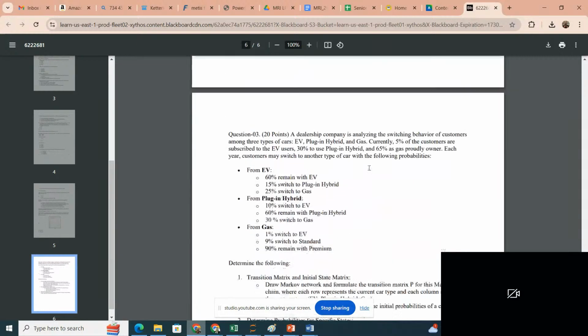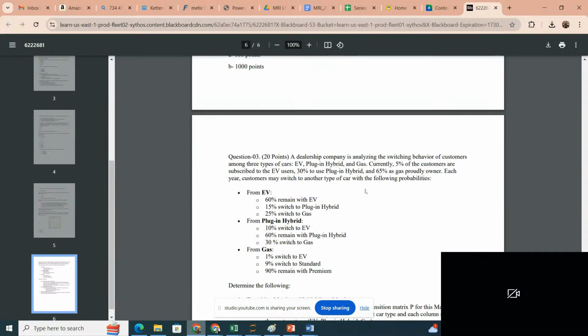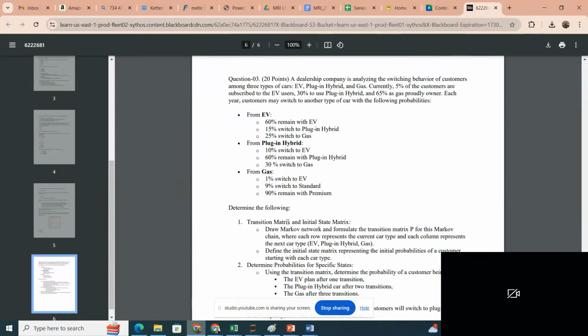Now the last question is another essay, but this time for Markovian analysis. So you're gonna start by drawing the transition matrix and the initial state.